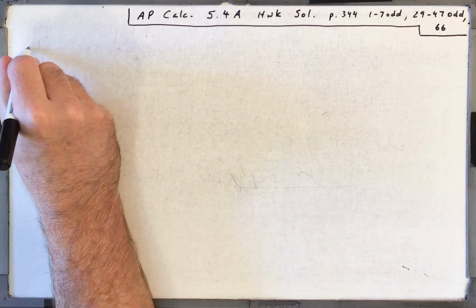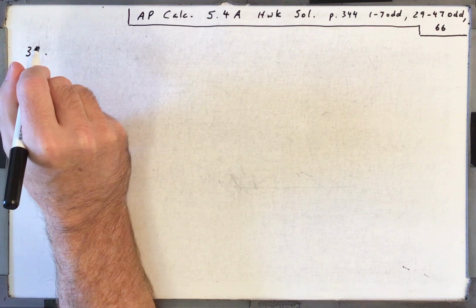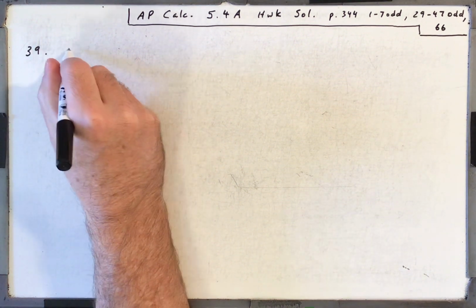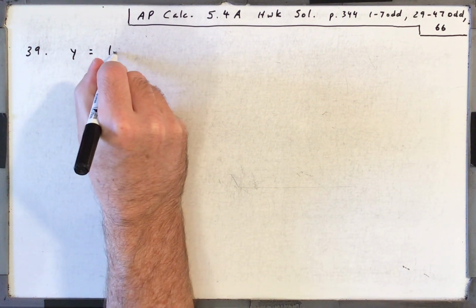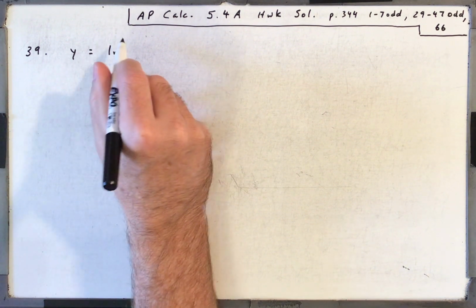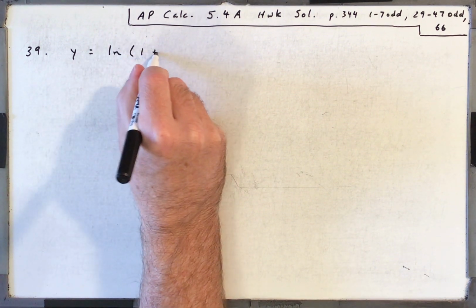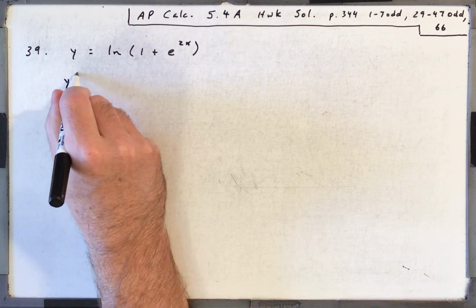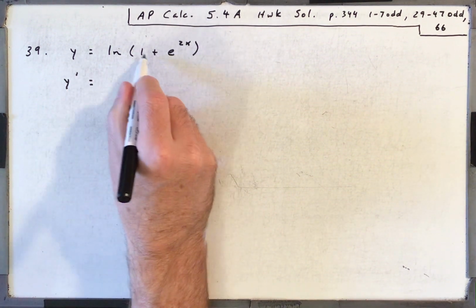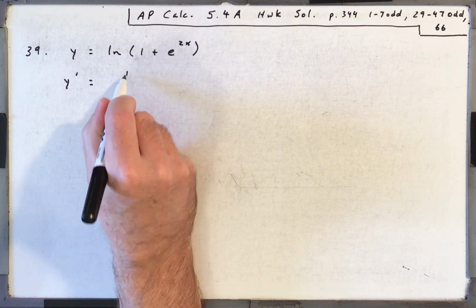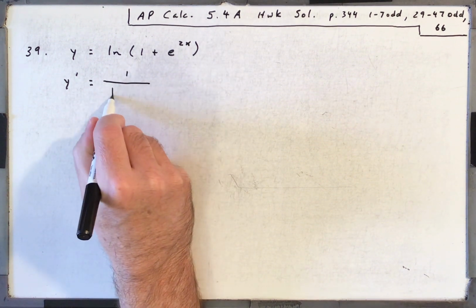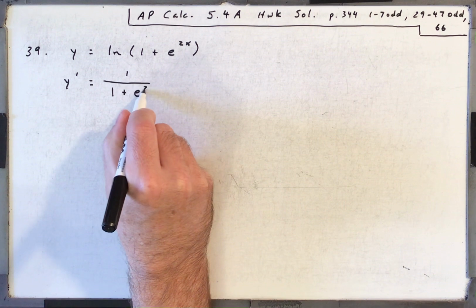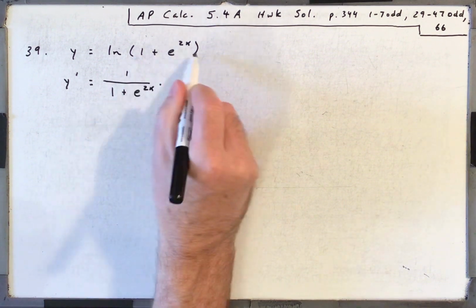Now let's go to number 39. So number 39, we have y is equal to the natural log of 1 plus e to the 2x. So y prime, remember the derivative of natural log is 1 over the blob times the derivative of that inner function.